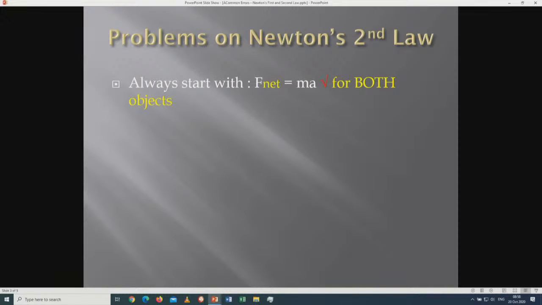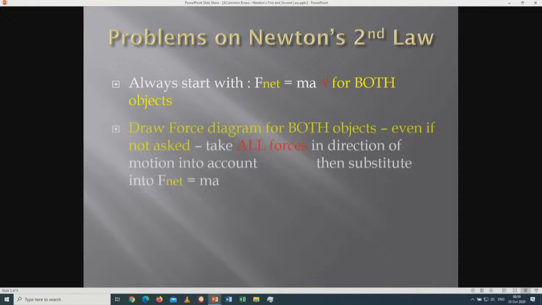You must show that you apply Newton's second law to solve that specific problem. Immediately there's one mark for showing that you are working with Newton's second law, F net equals ma. And normally, you must solve it with simultaneous equations. In other words, you will use that formula for both objects. Right.